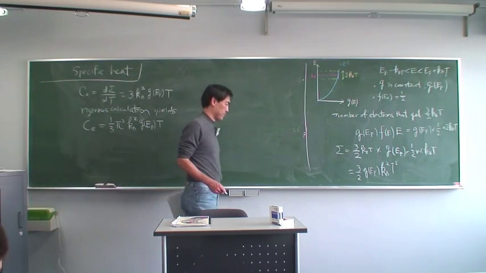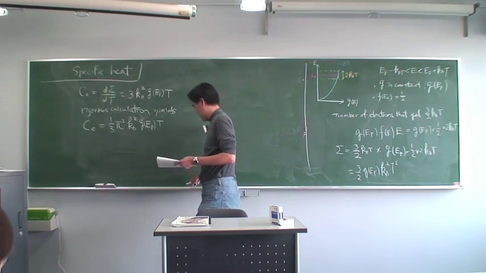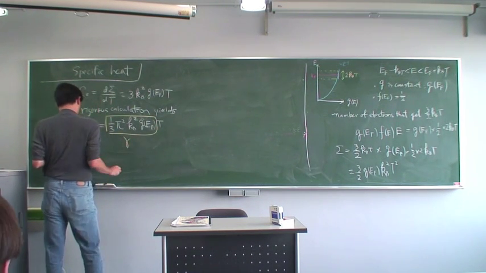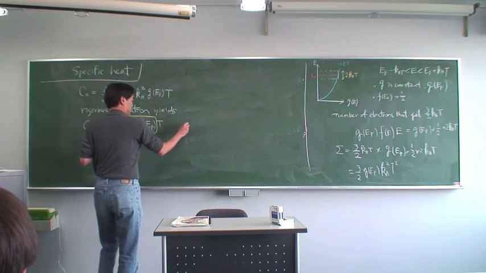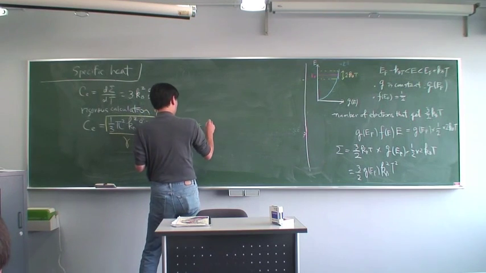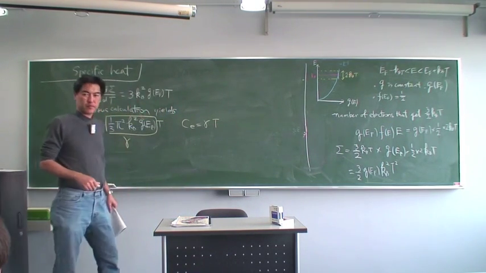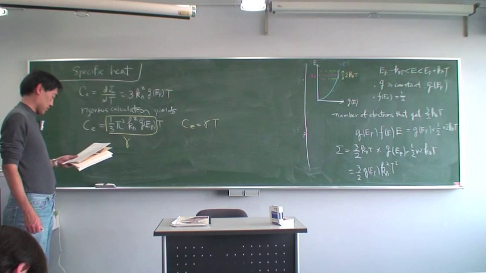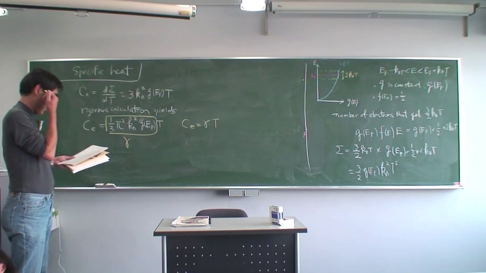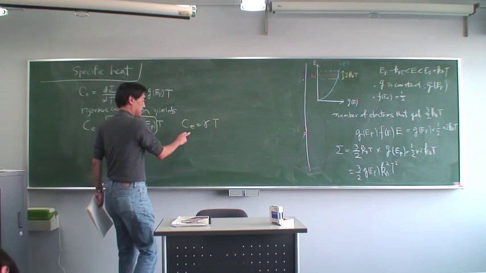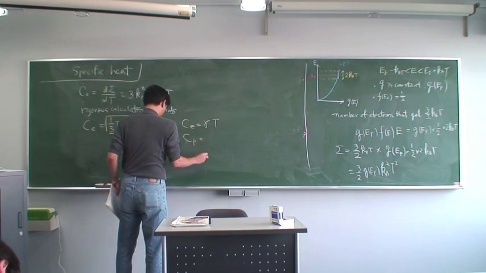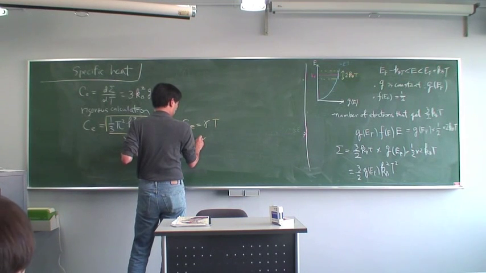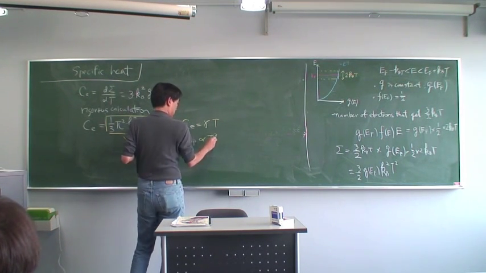And usually this part is called gamma. So CE is always given as gamma T. By the way, I said CE because there's also CP, which is proportional to T to the third.